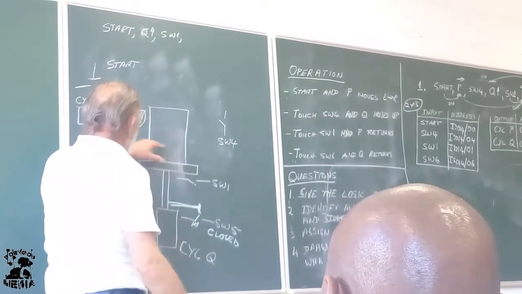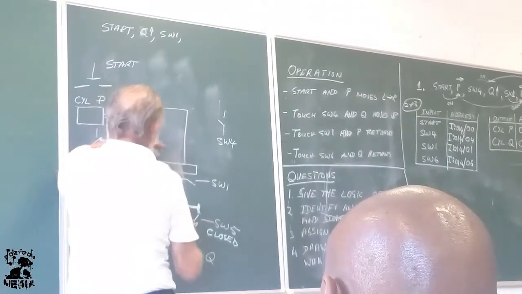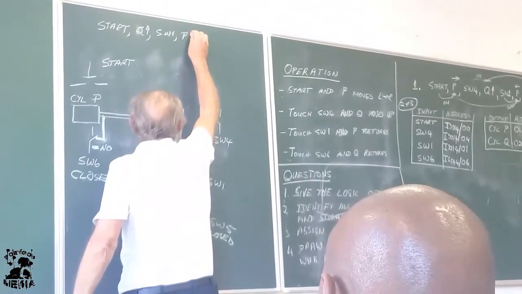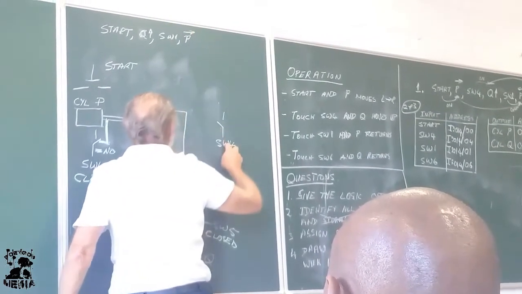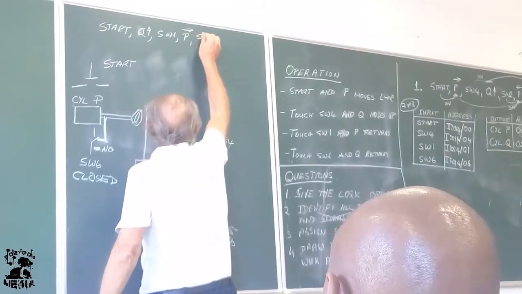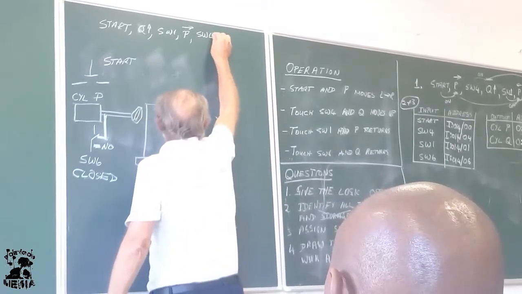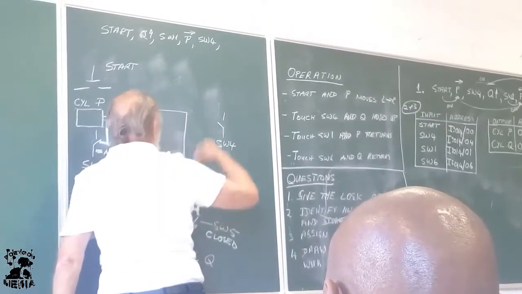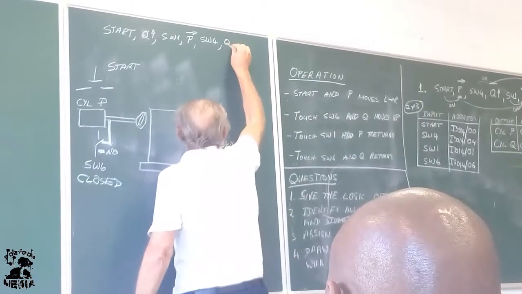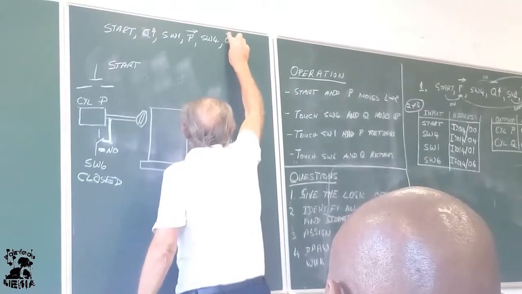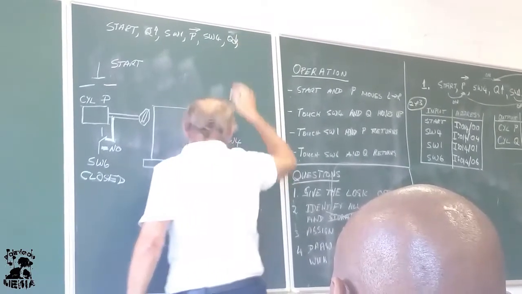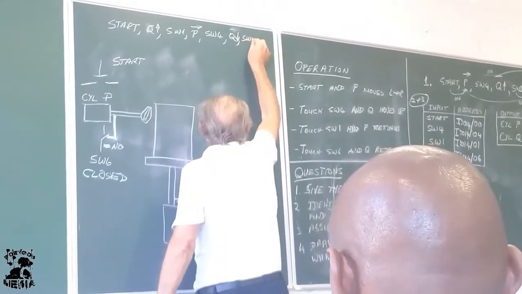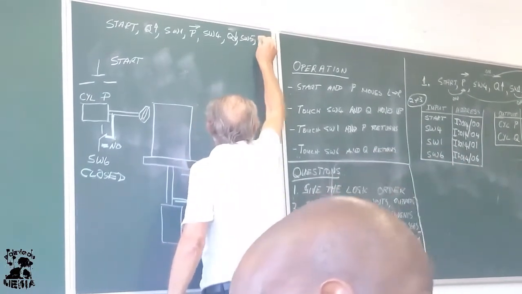Then P cuts, because now this is on top, so it will cut the bottom groove. P goes in. Then it will touch switch 4. And then I say Q goes back. Then it will touch switch 5. And then P goes back.